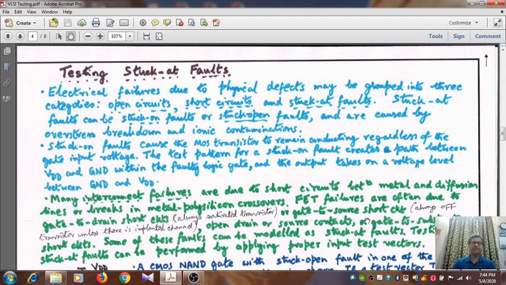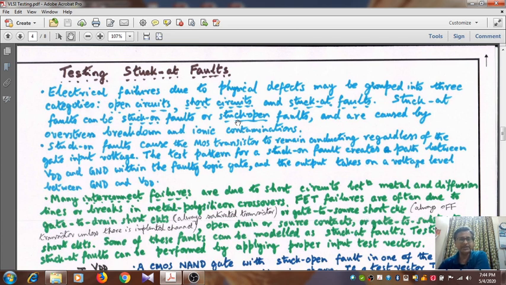So that is tantamount to a particular fault. We say that it is a stuck-on fault. That means even though we have not applied a threshold voltage to the gate, still a channel has come to exist there.